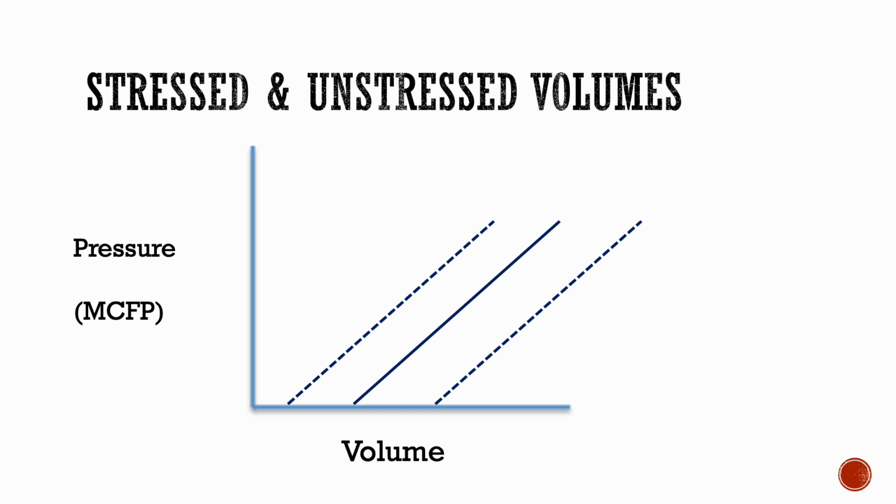And this assumes that the circulatory system is at standstill and there's no cardiac output. The border between the stressed and the unstressed volume is the mean circulatory filling pressure.